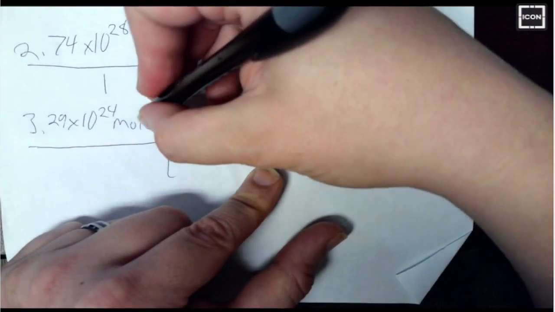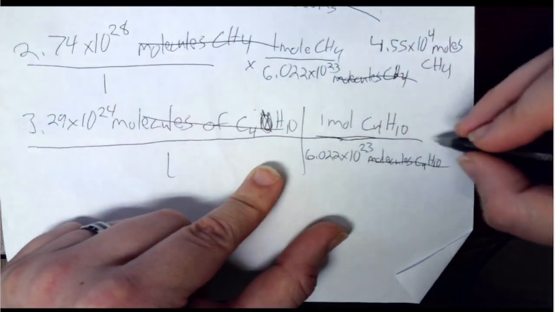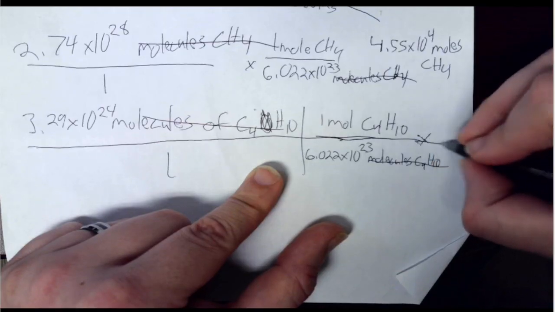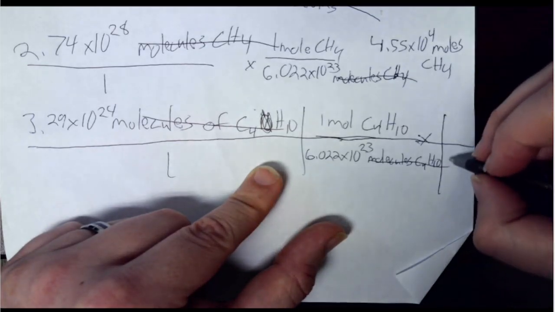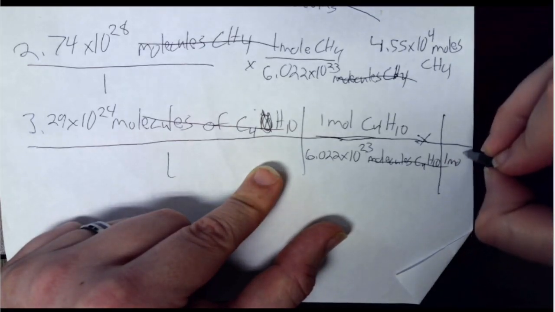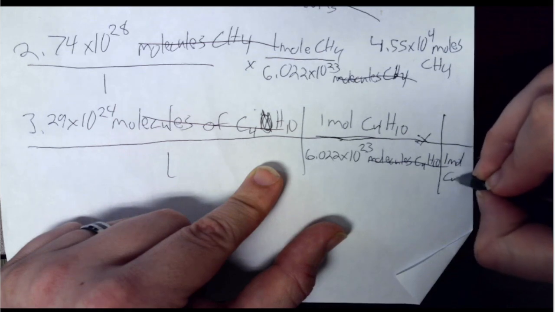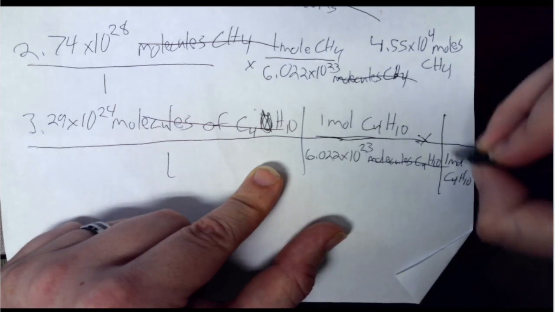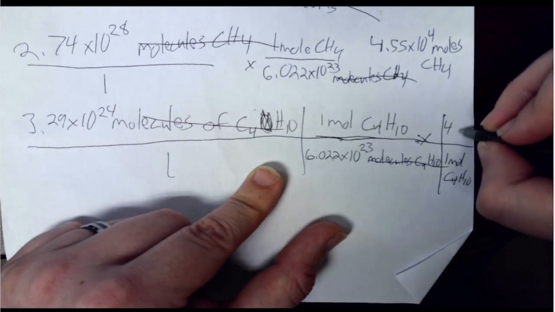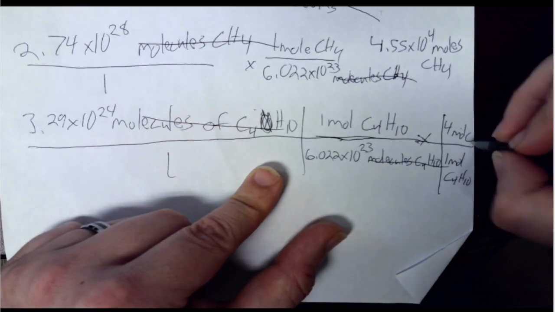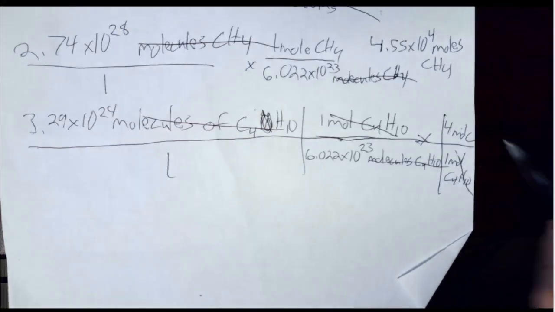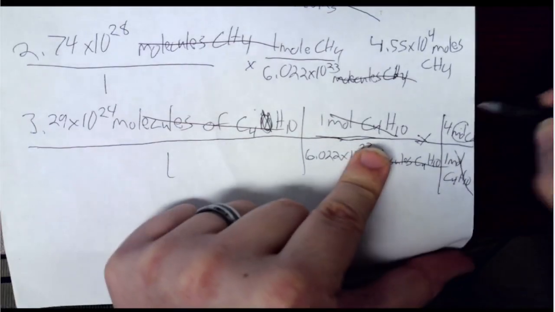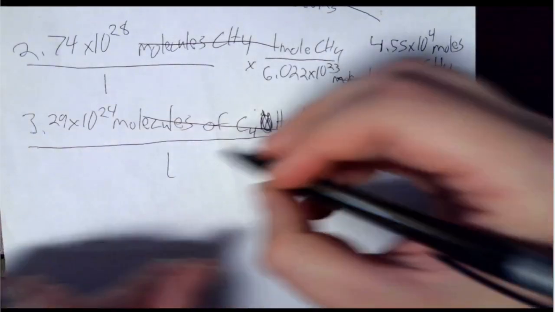So that cancels that. And the next step is where most people are struggling. Well, what do I go from there? Well, in 1 mole of butane, how many carbons are there? In 1 mole of C4H10, there are 4 moles of carbon. So this and that cancel. So we're left with moles of carbon as my final unit.